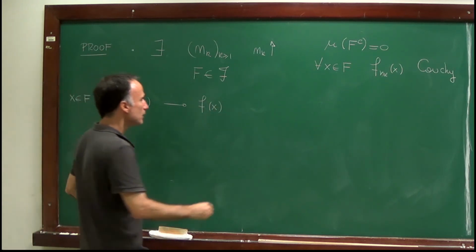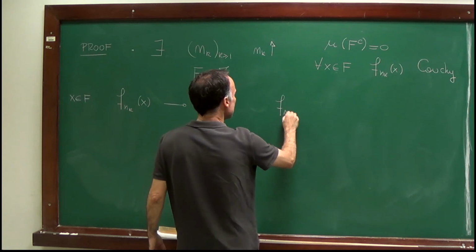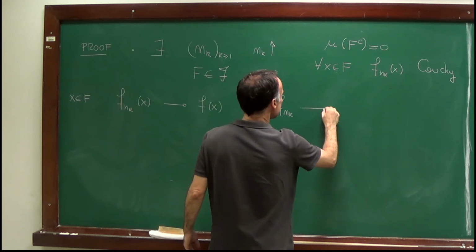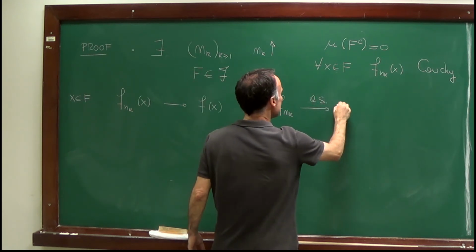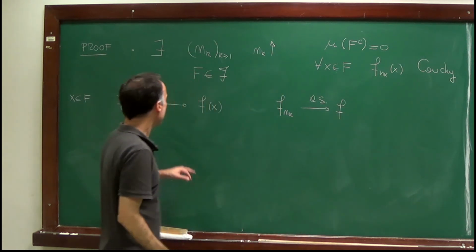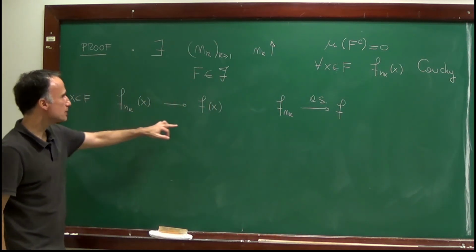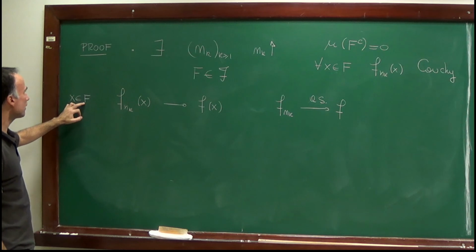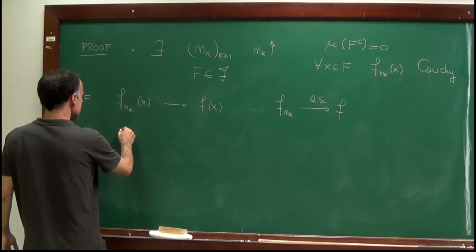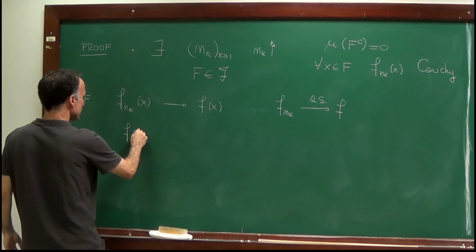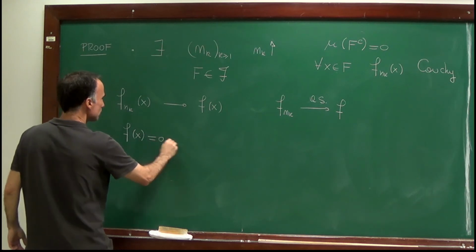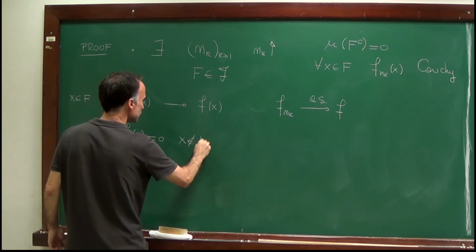So from that, we obtained immediately that f_{n_k} is converging almost surely to this function f. Of course, up to this point, f is defined only on the set F, but I can set f(x) to be equal to 0 if x does not belong to the set F.